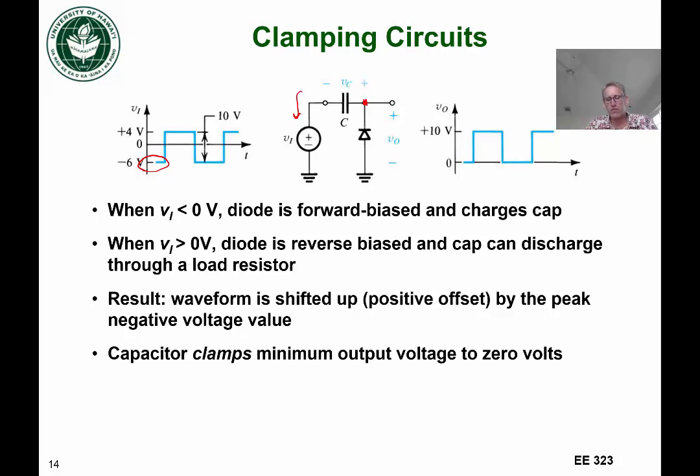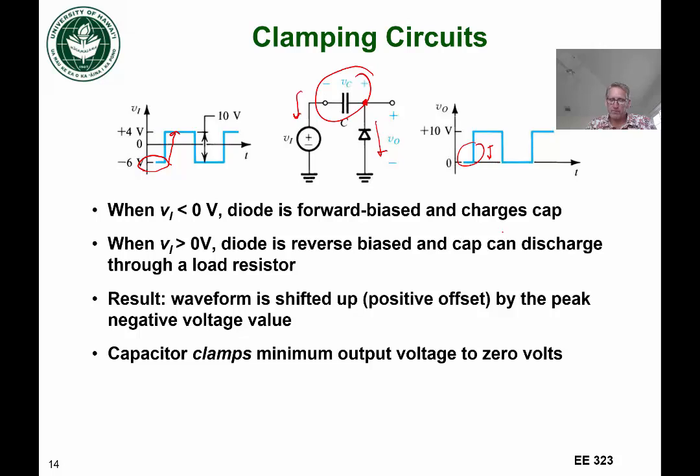which would be at 0 volts. And now when the input voltage switches back high, what we see is that the voltage across the capacitor switches up by 10 volts because no current can then flow back through the diode and discharge the capacitor. So essentially this gets shifted up by this lowest value here, and so it gets shifted up by 6 volts because of the action of the diode.